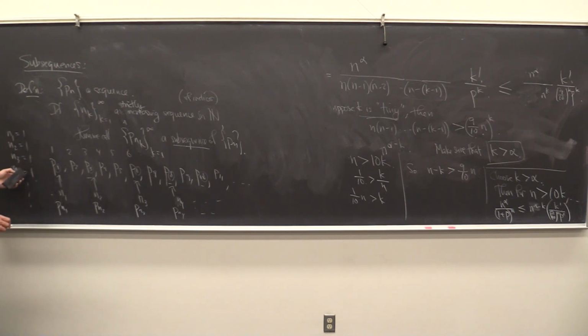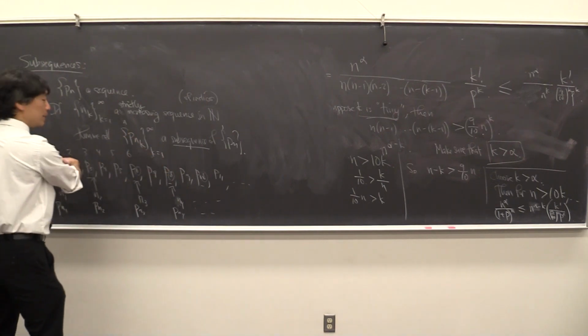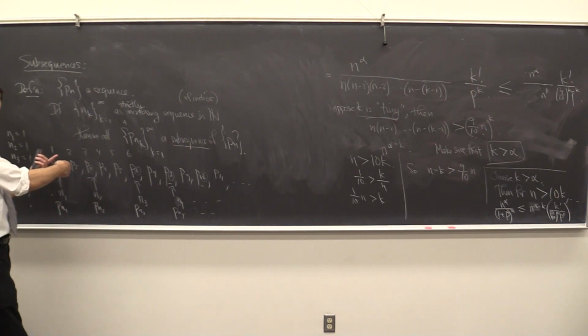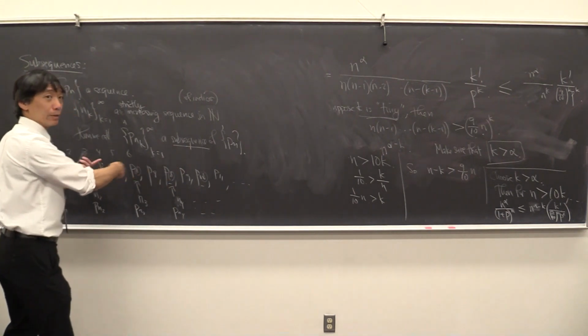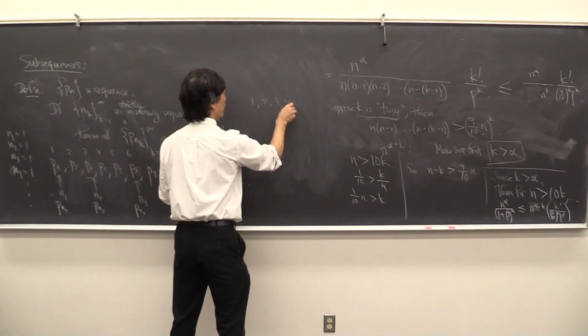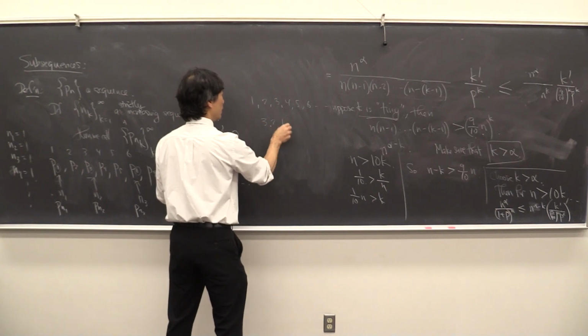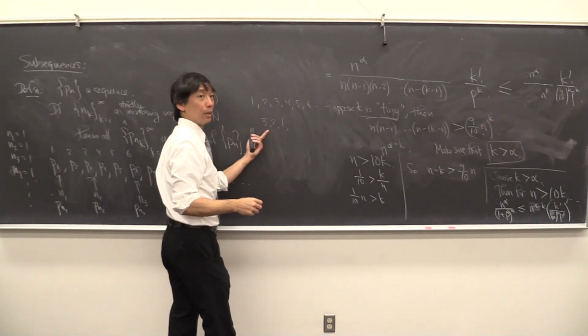But it could be strictly decreasing too. No, because then you're running backwards down your sequence, right? Then your indices will be going backwards. Like if I have a sequence 1, 2, 3, 4, 5, 6, blah blah blah, I don't consider 3, 2, 1 to be a subsequence of this.